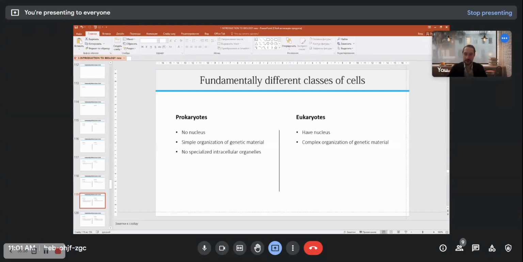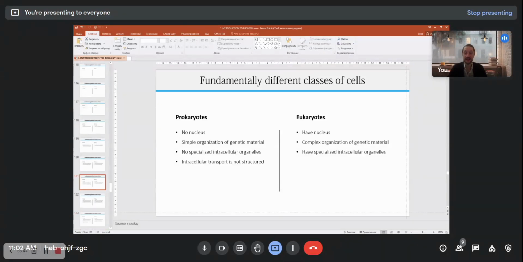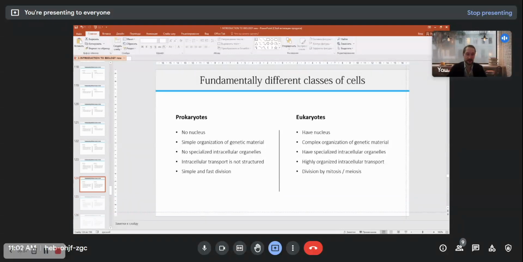Also, prokaryotes do not have specialized intracellular organelles, while eukaryotes have specialized intracellular organelles. Intracellular transport of prokaryotes is not structured, while transport of eukaryotes is highly organized. And prokaryotes have simple and fast division, while eukaryotes use division by mitosis and meiosis.